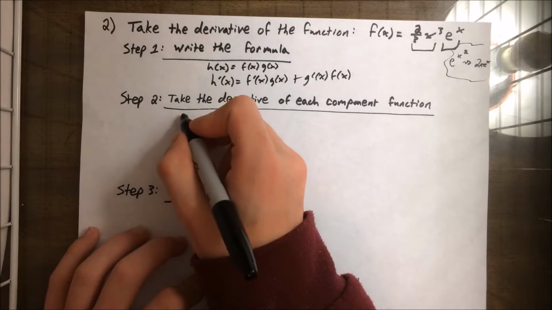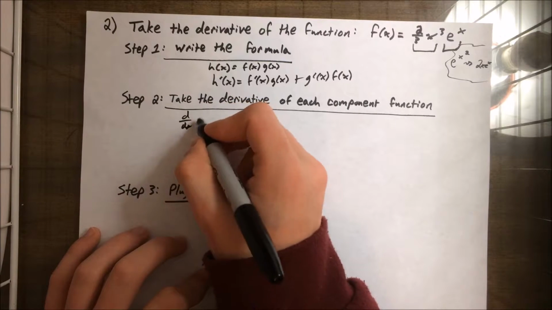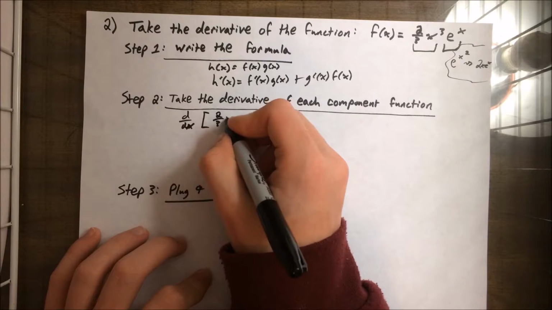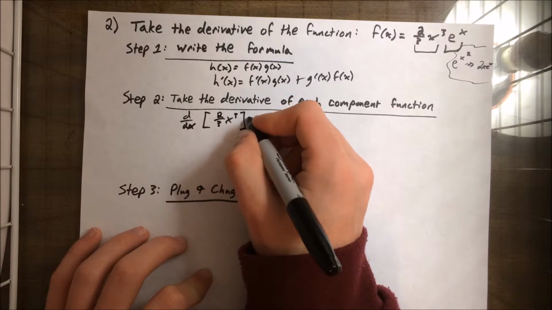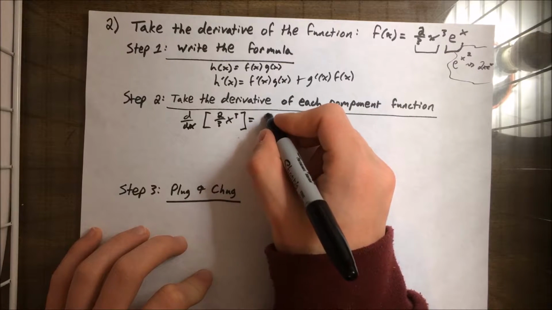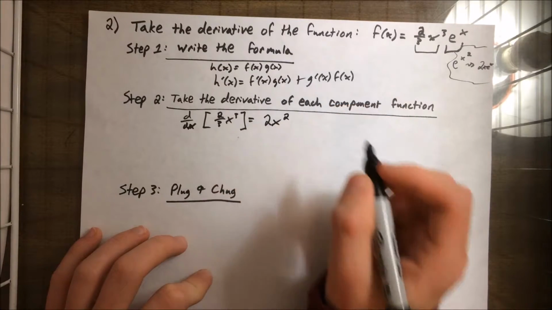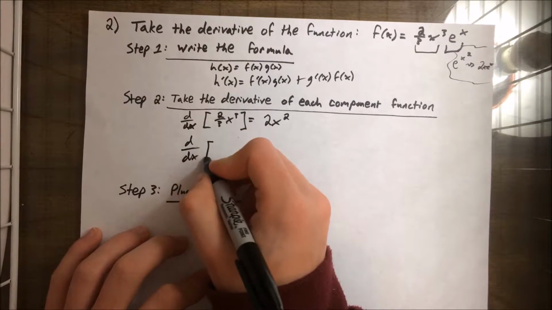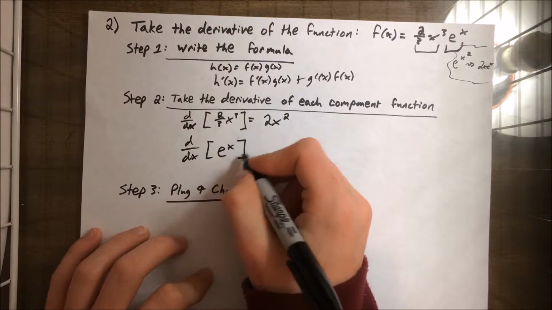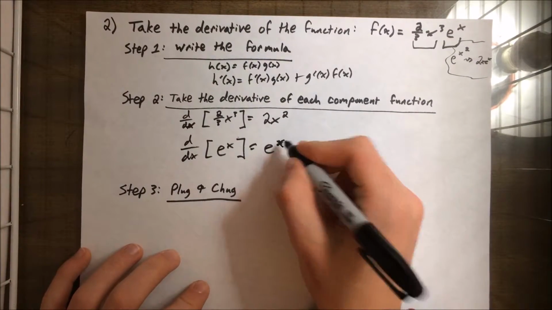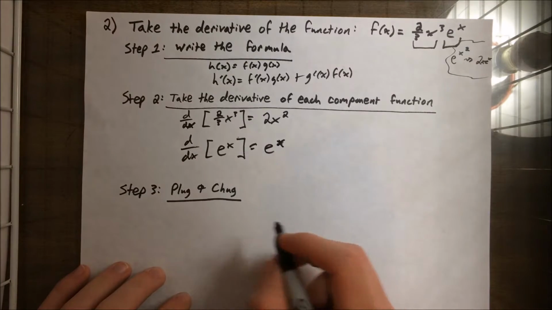Alright, so d over dx, take the derivative of 2/3 x cubed, and you get, so the 3's cancel, so that's 2x squared. Okay, and then the derivative of e to the x, as I just mentioned, is e to the x. Okay, so now let's plug and chug.